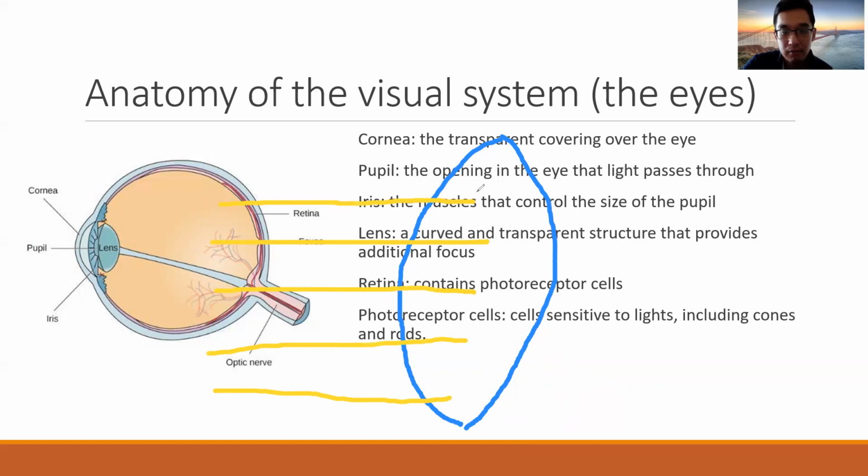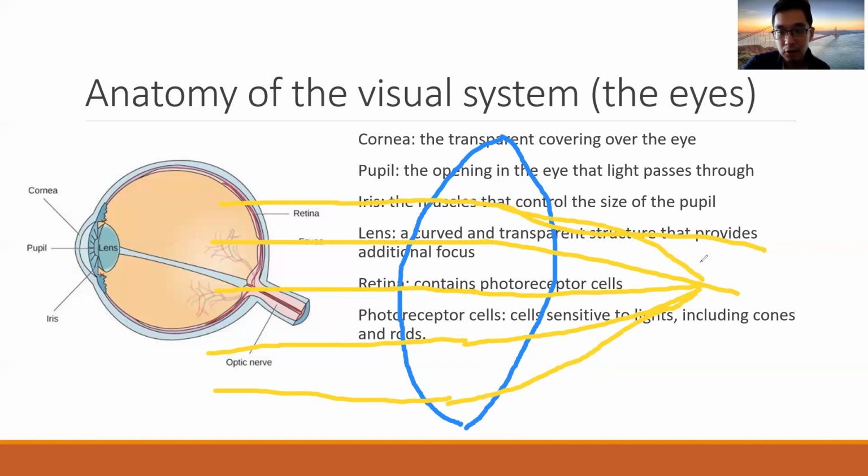The lens can curve the light because of the shape of the lens. For example, the directions of these lights are curved, so they go to the same place. You can see that's the focus here. All the lights go to the same place, and this is called the focus. The focus here is inside of the eye.